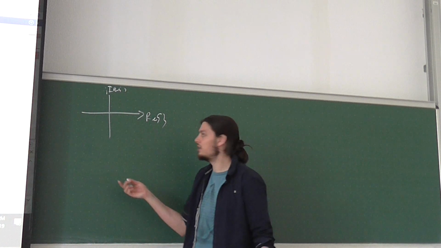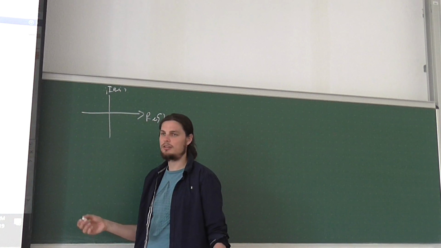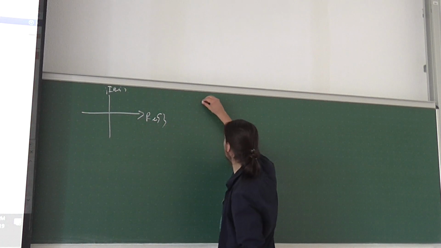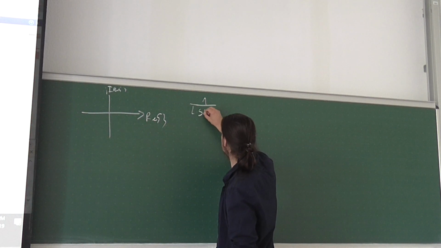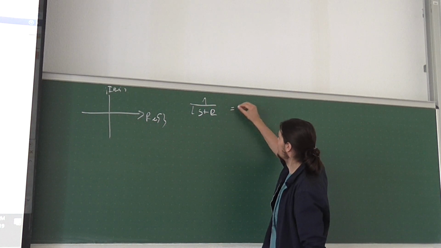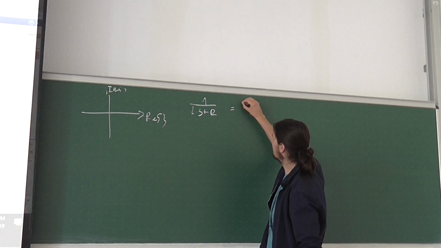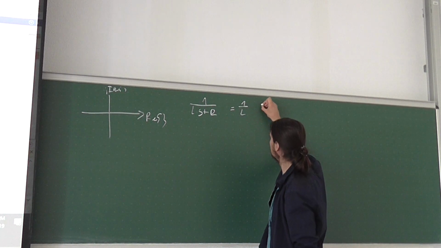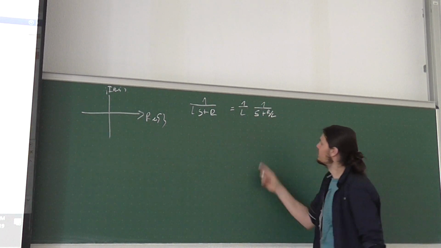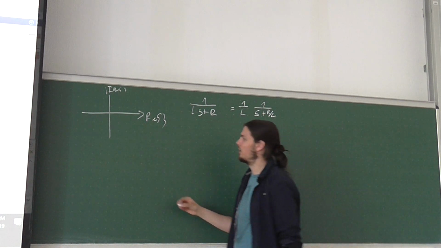Where is that pole situated? It's on the negative side. So 1 over Ls plus R, let's pull out the L, 1 over s plus R over L. So the pole is at minus R over L.